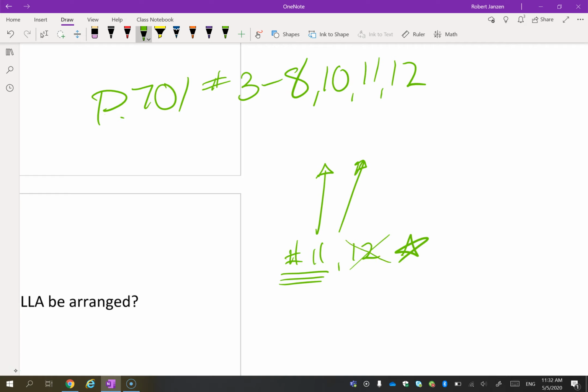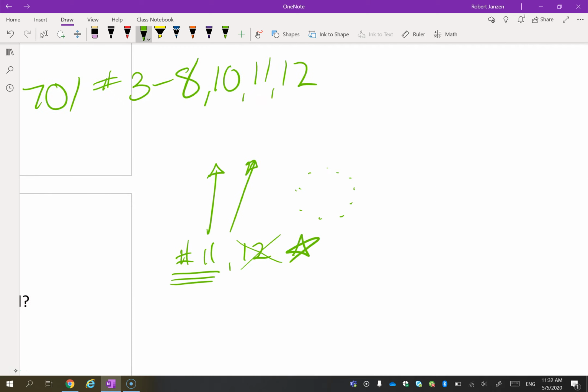This used to be in our curriculum, but we are no longer asked to do anything where the arrangements are in a circle. Okay, if you see a circle, that means you don't need to know how to do that one. Very quickly, let me talk about how to do a circle. If you have, let's say, 5 objects and you're permuting them like this, it's 5 factorial.